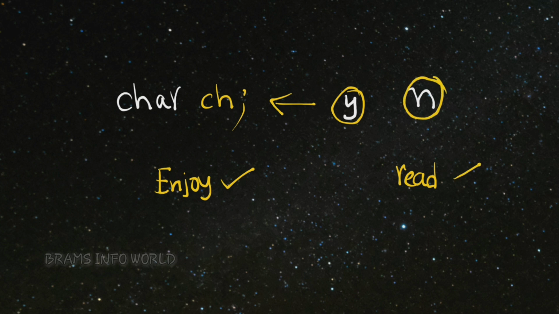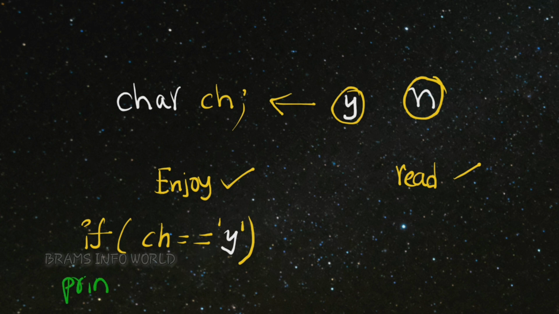So how to execute the program? Let us go with the example: if ch == 'y', double equal to means comparison. So what we have to compare? y. The y value must be in single quotation because every character must be defined under single quotation. If ch equals y, then I write printf in double quotation \n enjoy.